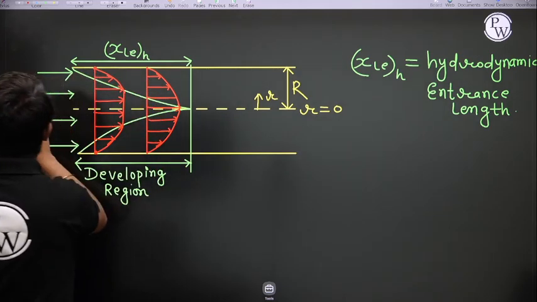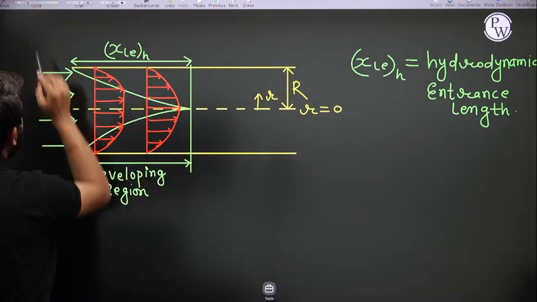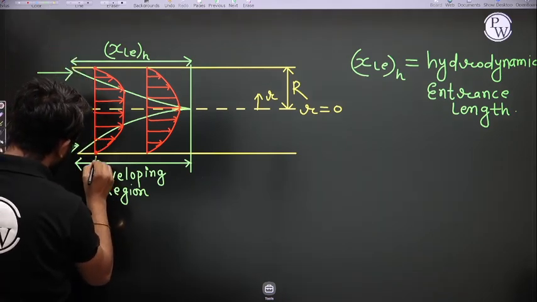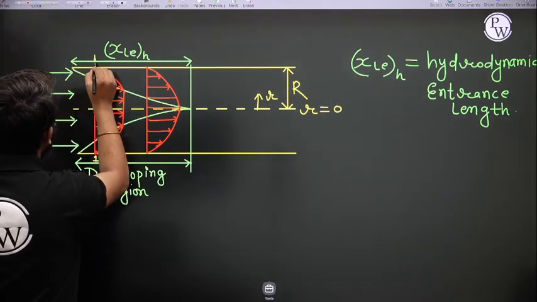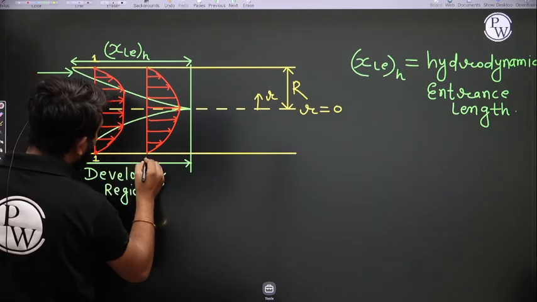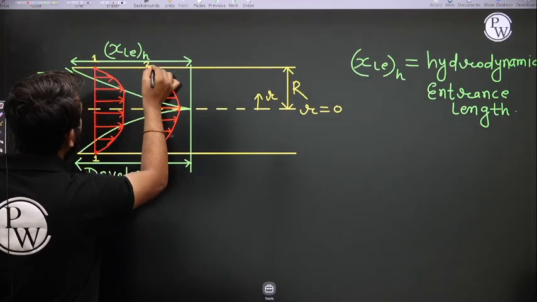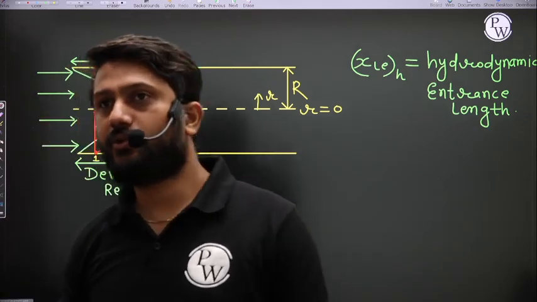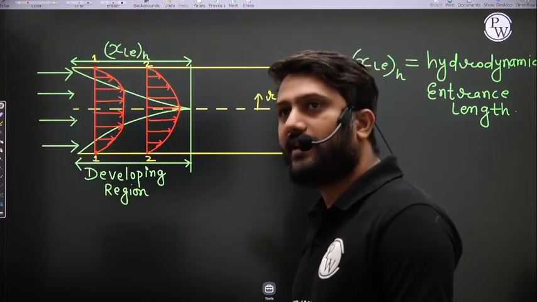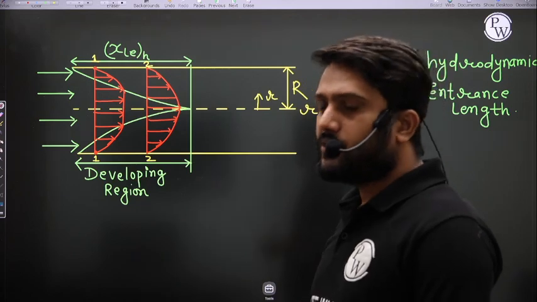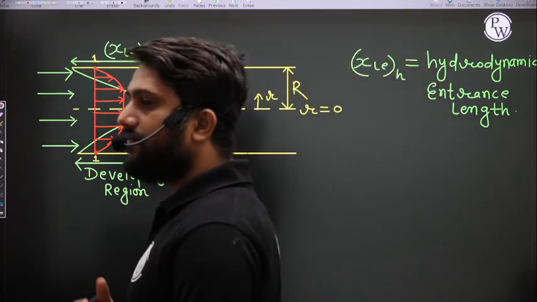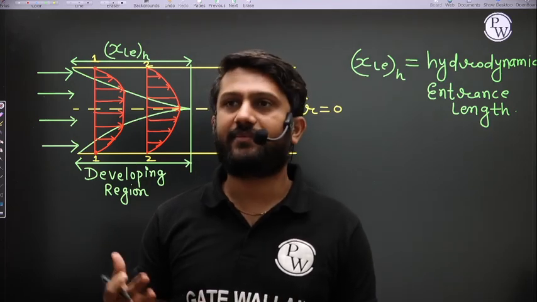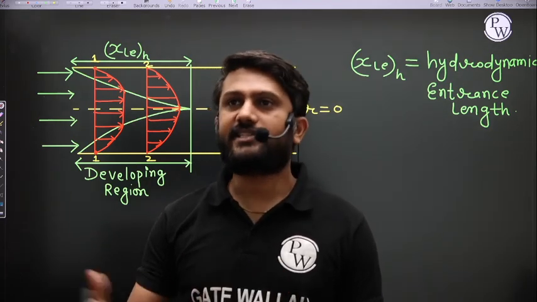Let us assume this is section 1-1, and this is section 2-2. At section 1-1 and section 2-2 the velocity profile is not the same. The velocity profile is changing. So in the developing region, we can say the velocity profile is not constant.